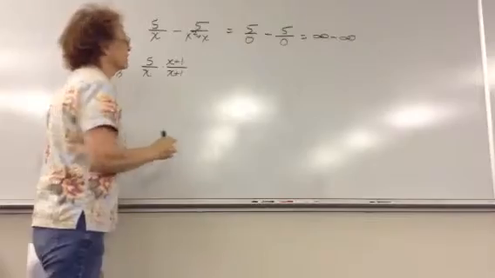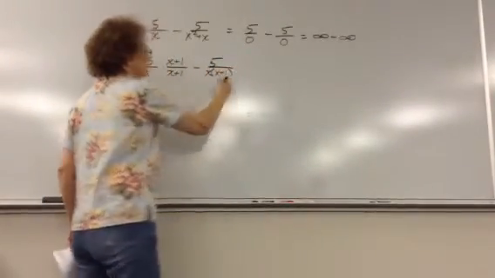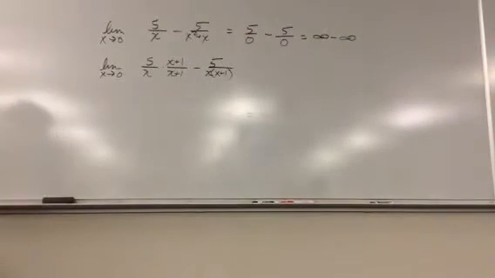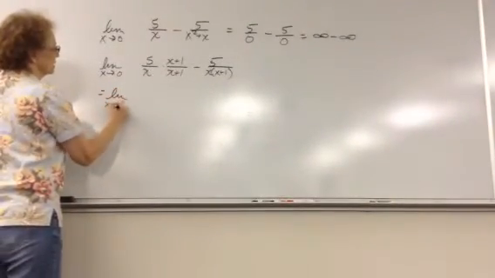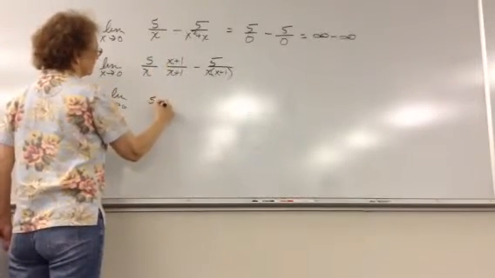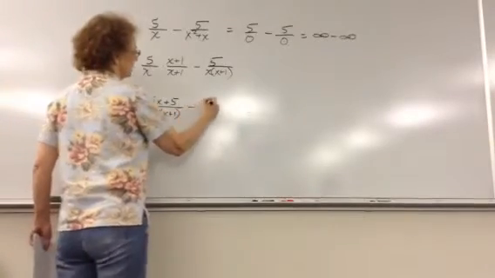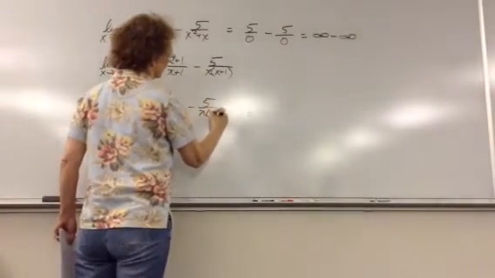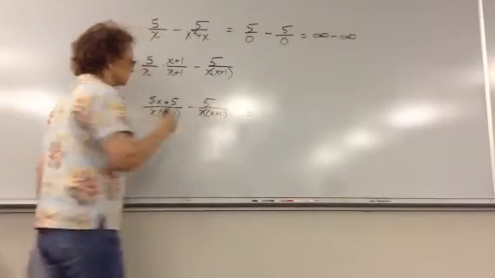And I know I'm kind of going fast on this, but my expectation is that even though my algebra goes faster than yours, you can follow it. And so then what are we going to have? We're going to have the limit as x approaches 0 of 5x plus 5 over x times x plus 1 minus 5 over x times x plus 1.